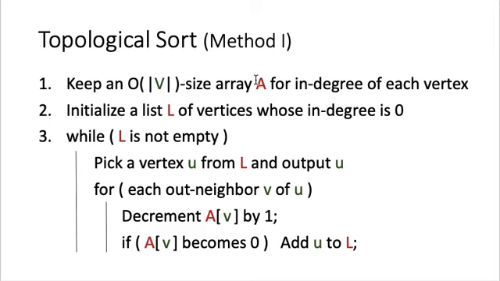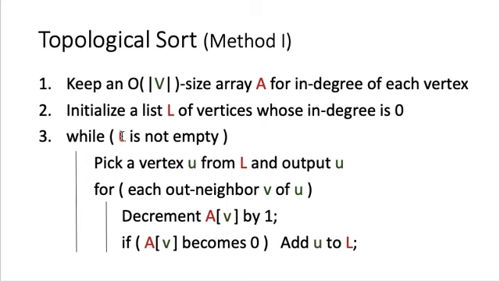First of all, we will run through this adjacency list and find out the in degree of each vertex, and then we will keep it in A. And after that, we will maintain a list L. This L corresponds to the vertices whose in degree is 0.